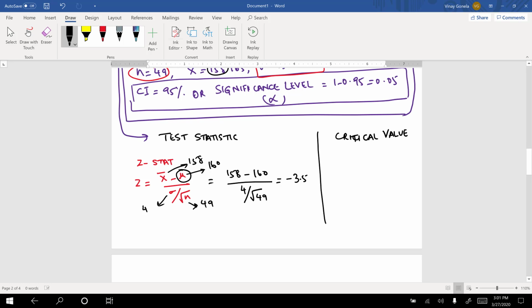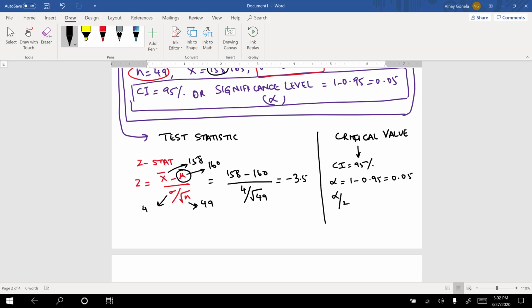So the next step would be your critical value. How do you calculate critical value? They gave you significance level or confidence interval, which suppose is 95%, so you can calculate significance level, which is 1 minus 0.95 is equal to 0.05, and I wanted alpha over 2.